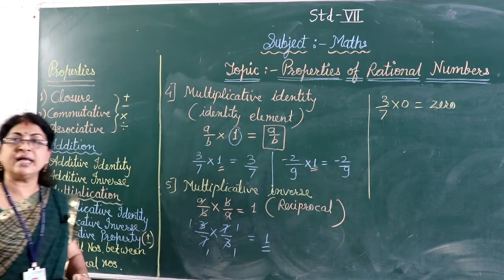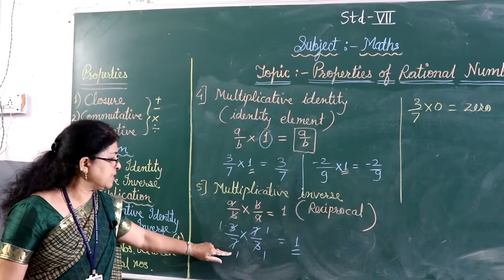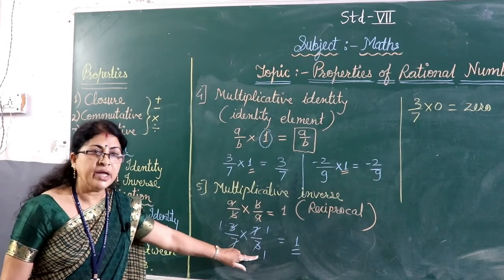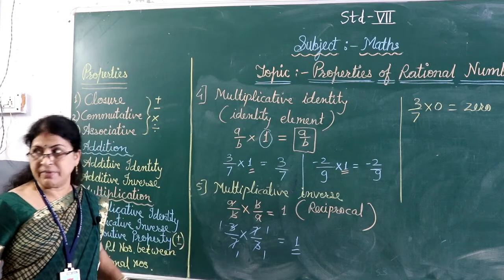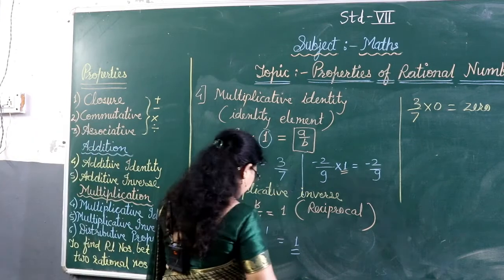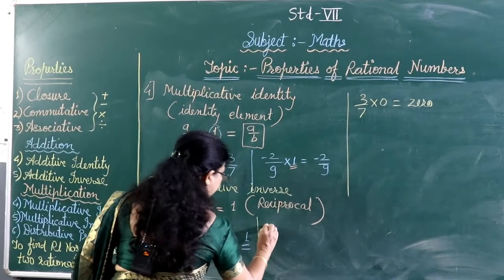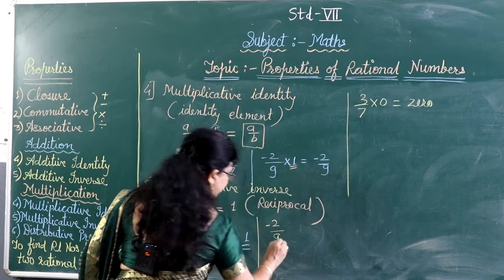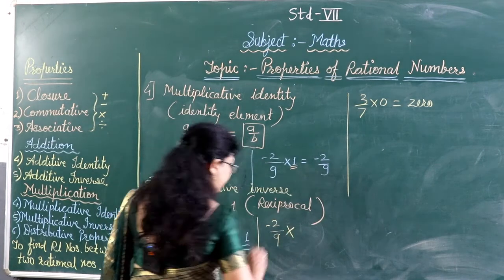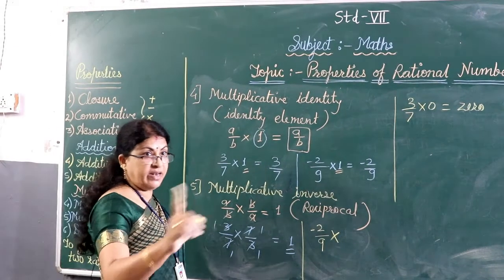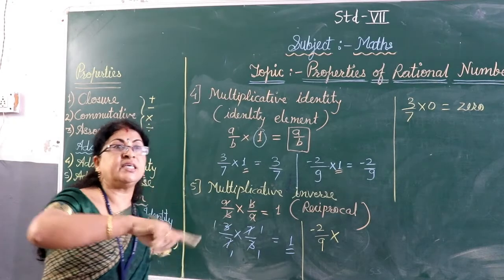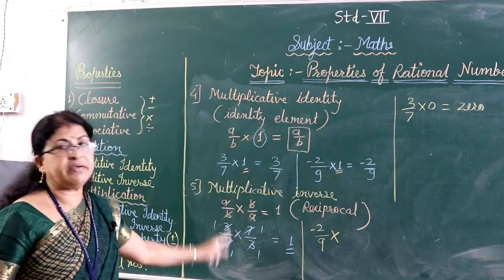So the reciprocal of 3 by 7 is 7 upon 3, and the reciprocal of 7 upon 3 is 3 by 7. If the number is negative, for example minus 2 by 9, what will be the multiplicative inverse? The minus sign will not change, unlike in additive inverse, where plus changes to minus.